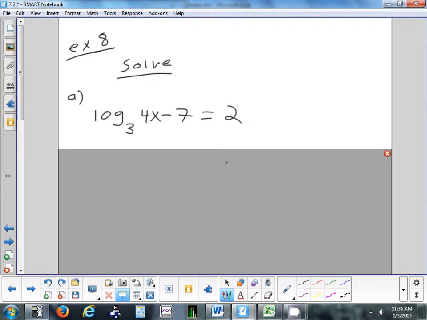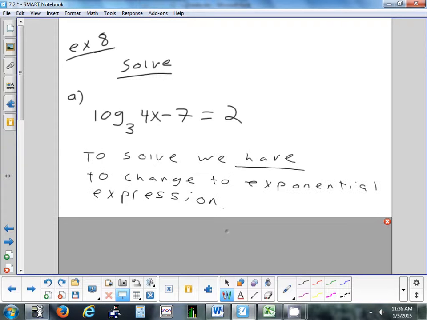What's that other way we can write it? Instead of logarithmic form, we can write it how? Exponential, exactly. So to solve that, we're going to change it from log form to exponential. One reason we're going to do that, it's the only thing we know how to do. I haven't taught you how to do anything else yet with logs. So let's try that and see if it works.